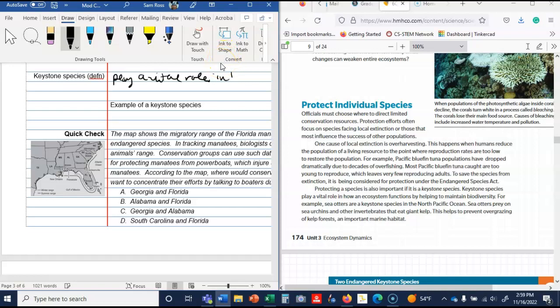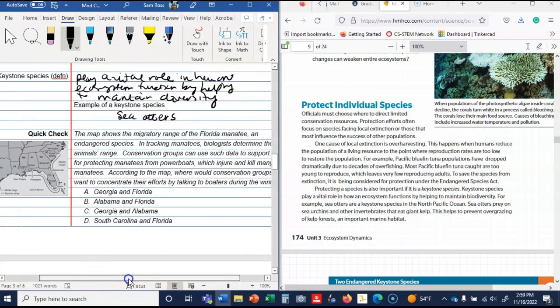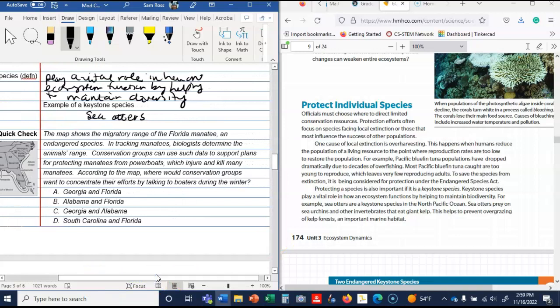For example, sea otters are a keystone species. Are they not the cutest things ever?